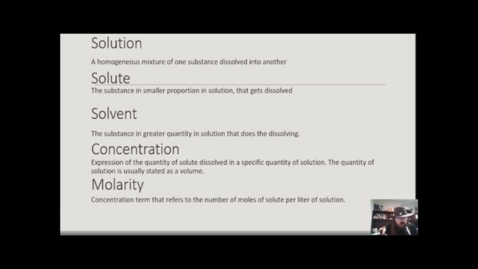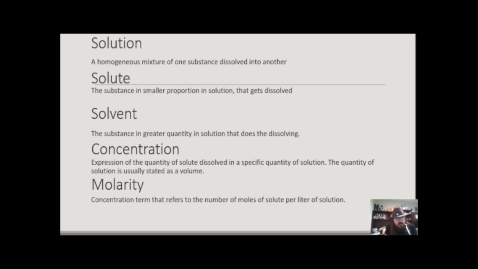Well, it's the one in greater quantity is the solvent. So the solvent is the substance in greater quantity that actually does the dissolving. So if you mix water and alcohol, you could have a situation where there's more alcohol than water, in which case water ceases to be the solvent. And now suddenly you have alcohol as the solvent.